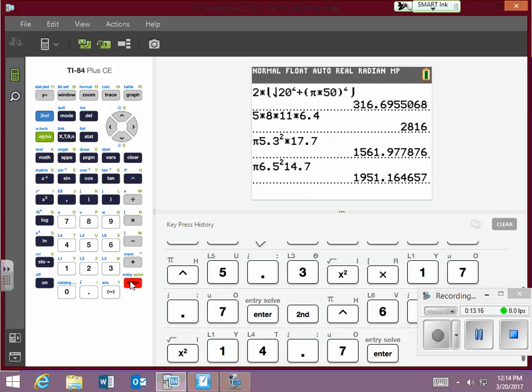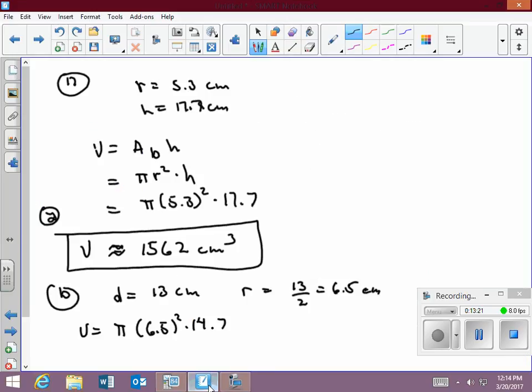So approximate to 1951. And that is centimeters cubed.